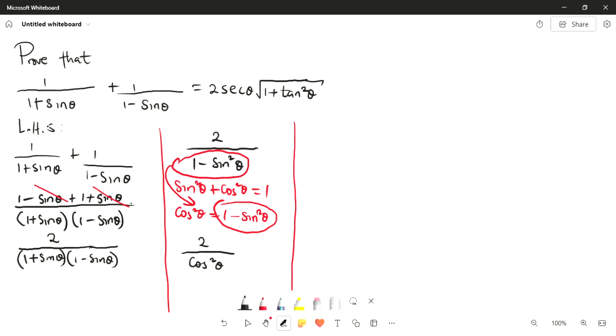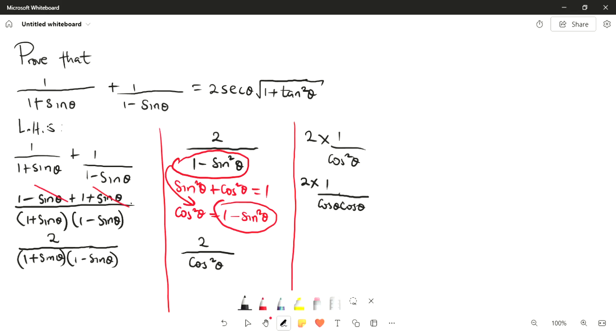Alright, so we'll proceed to this side. So here I'll write this as 2 times 1 over cos squared theta, as it will still give me 2 over cos squared theta. And I'll write cos squared theta as cos theta times cos theta, like that.